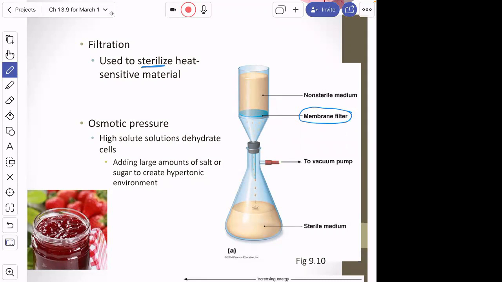You usually have to suck that liquid through with some kind of vacuum pump if those pores are really small. And then whatever's in your medium is going to be sterile. Some examples of things that we might want to sterilize this way: vaccines, any kind of drug or antibiotic.